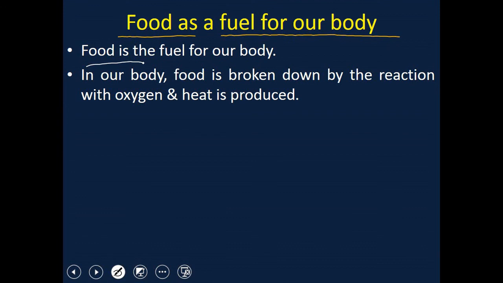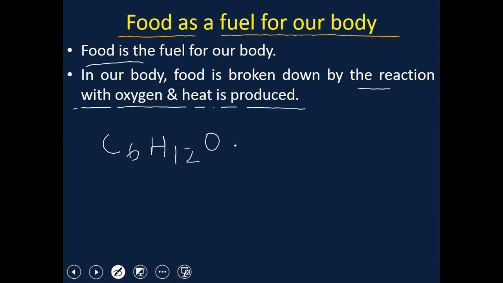In our body, food is broken down by the reaction with oxygen and heat is produced. This process is actually involved in respiration. We inhale oxygen gas during respiration, and during digestion, the food is converted into glucose. The formula of glucose is C6H12O6.